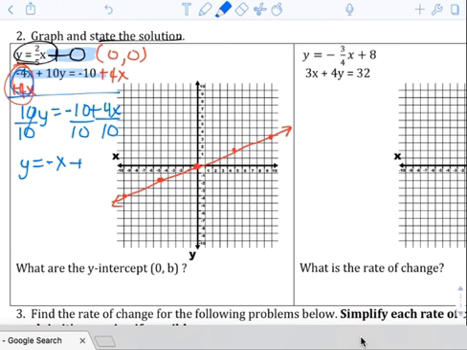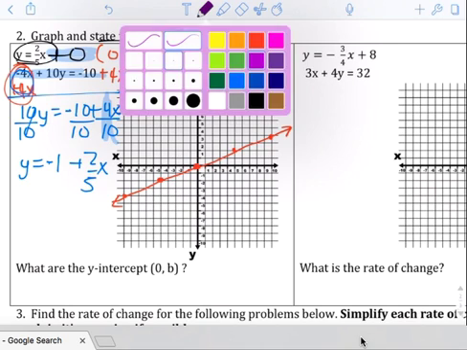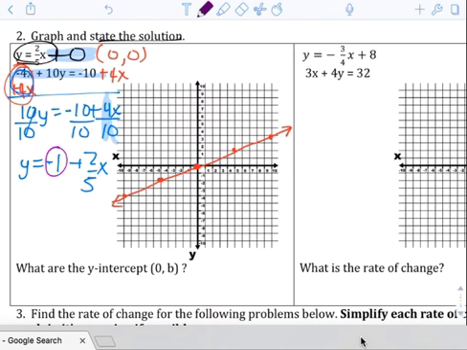Plus, you can't divide this, so you reduce it to 2 over 5. Oh no, this is a 1, not an x. What am I doing? X. Right there. So this is the rate of change.